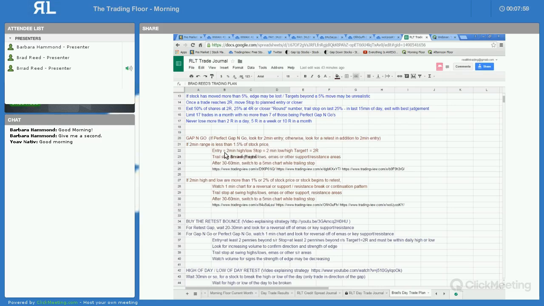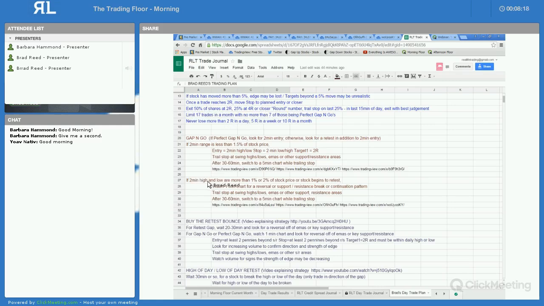If it's gapping up, my entry is the 2-minute high and my stop is the 2-minute low. If it's gapping down, my entry is the 2-minute low and my stop is the 2-minute high. My target one is always 2R. For other targets, you can read my guidelines up here.